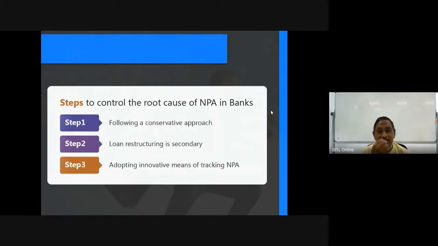Steps to control the root cause of NPA in banks: there are 3 approaches you can follow to stop NPAs in the banks. First step is following a conservative approach. Second is loan restructuring. Third step would be adopting innovative means of tracking NPA.